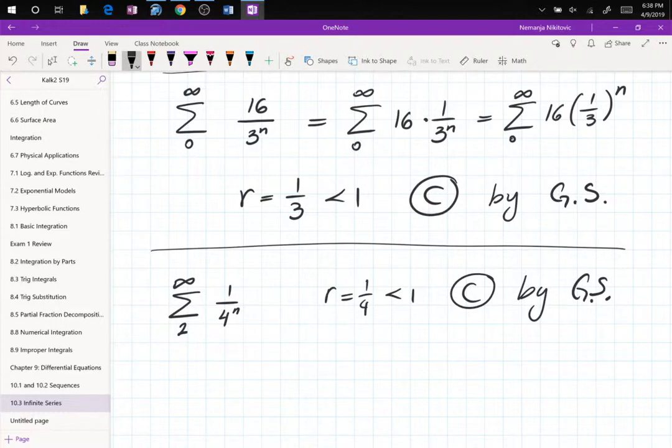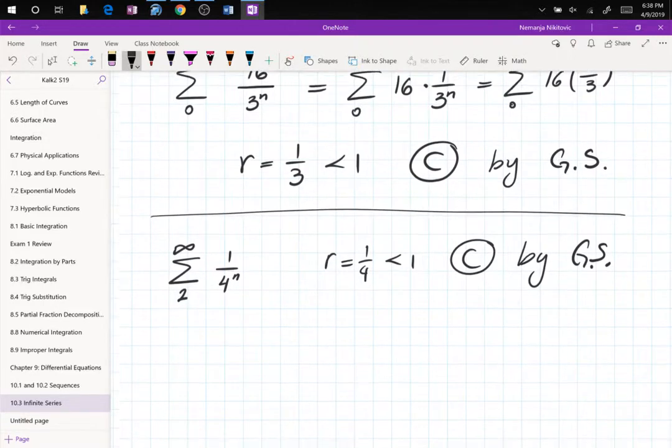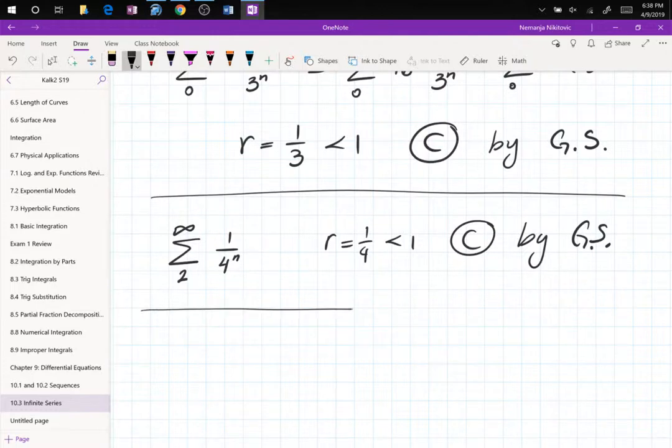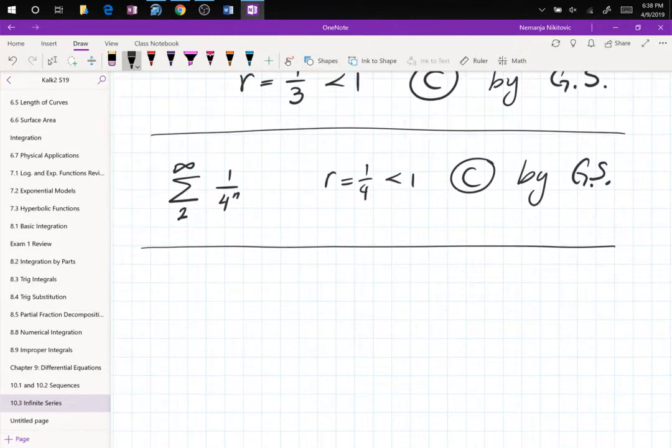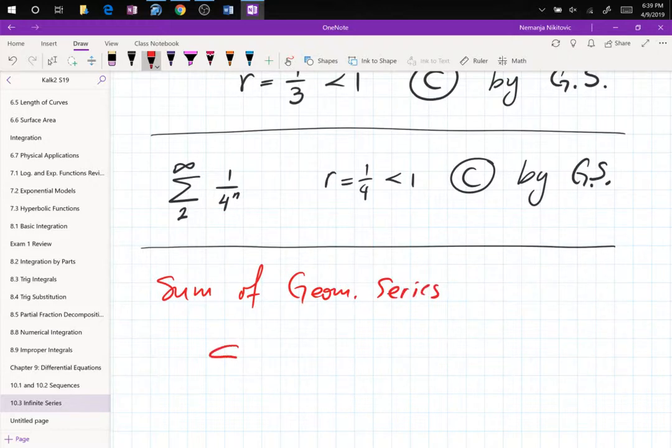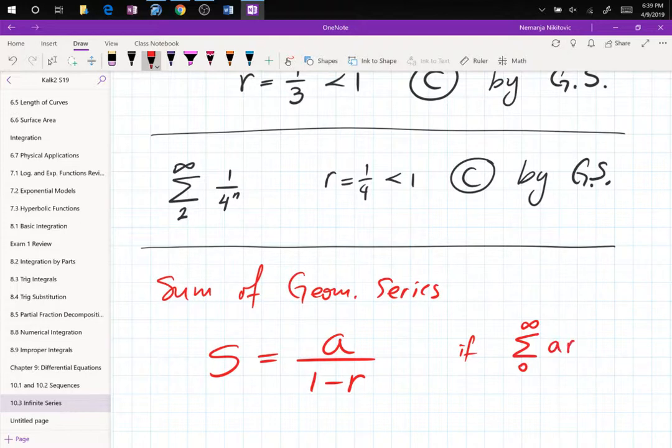Now, we have to be very careful with that formula. So now here is the sum of geometric series: S equals A divided by 1 minus R, if summation it goes from 0 to infinity, A, R to the N. So this is what you have.